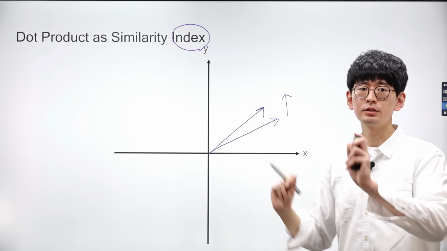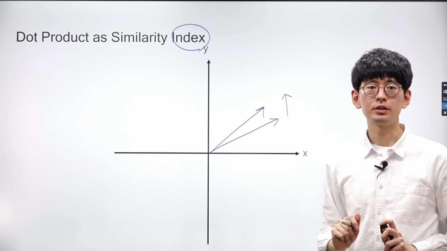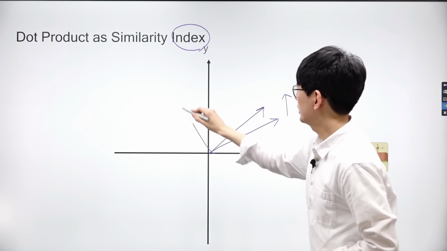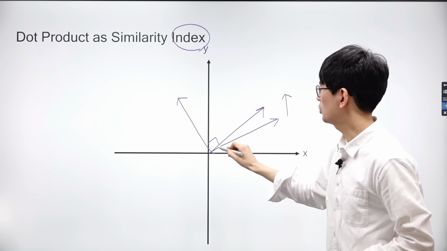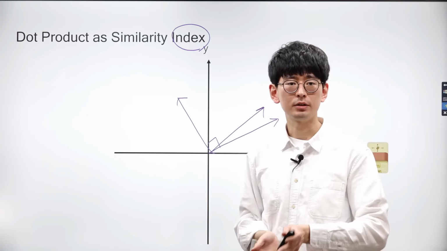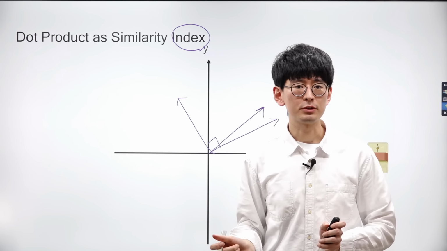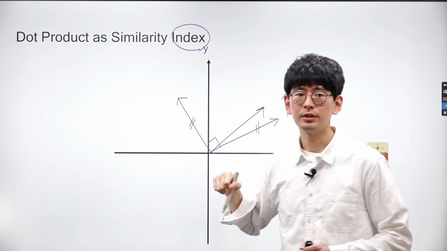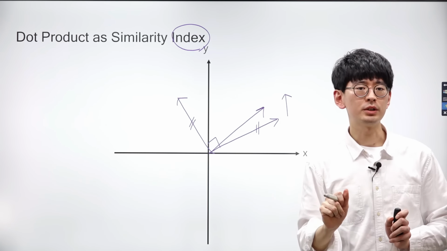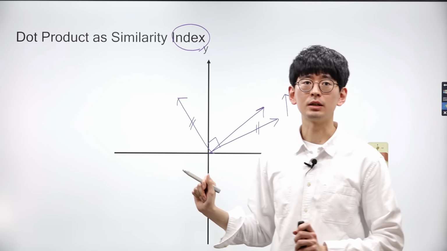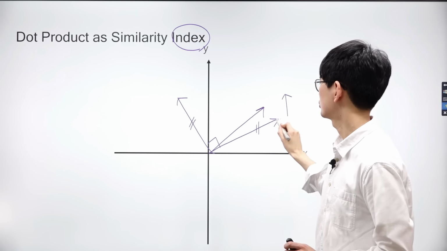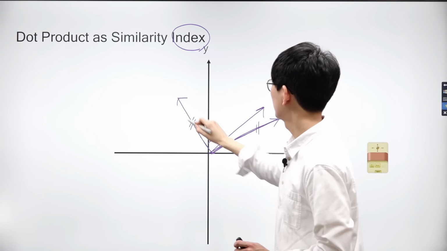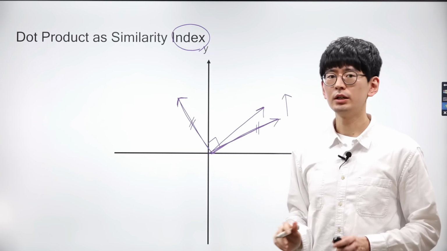If the two vectors are perpendicular or have a wide angle, then we'll get a low value for the dot product. From the data perspective, when the vectors are far away from each other, it means that they contain different types of information. Since they have different types of information, the similarity index has a low value. That's how we can use the dot product as a similarity index.